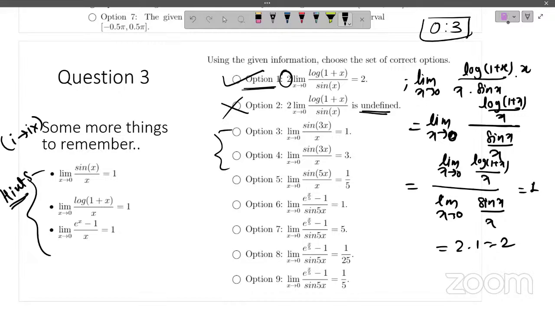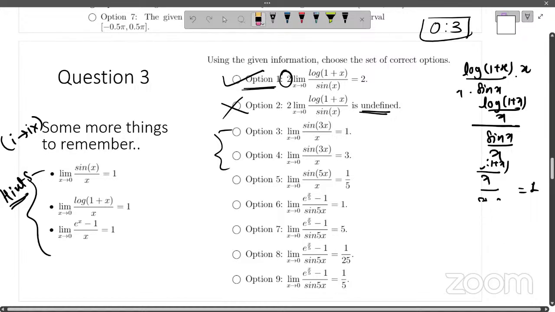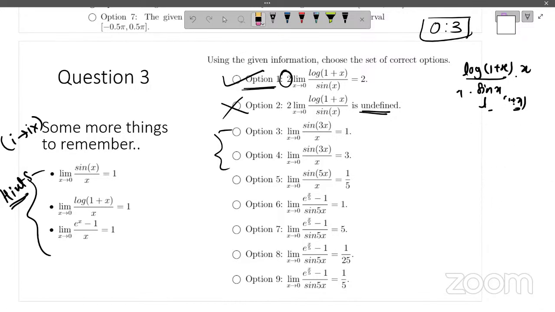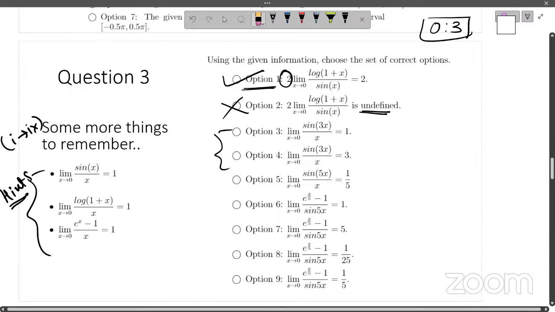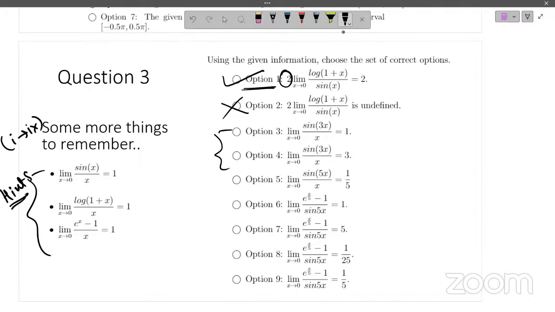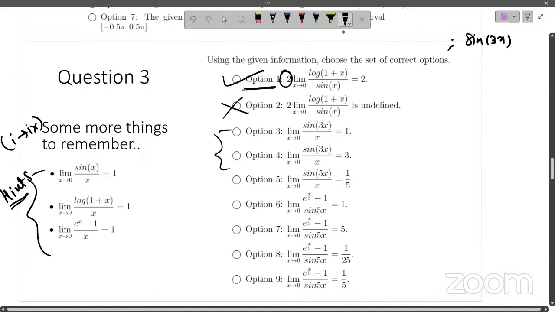Now answer options number 3 and 4. Here we have sine of 3x by x.